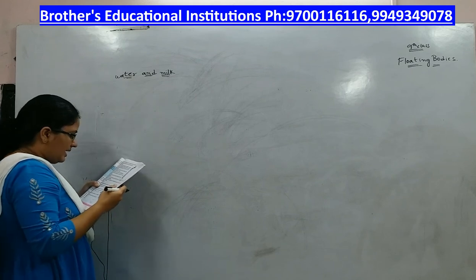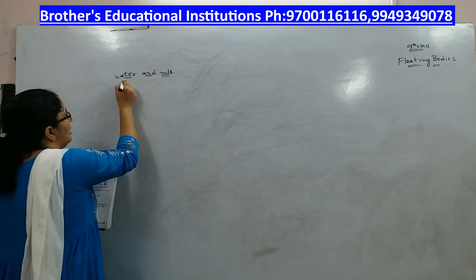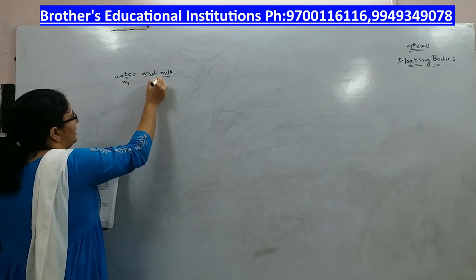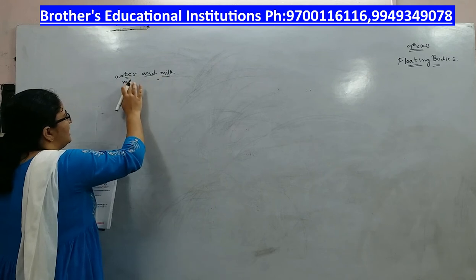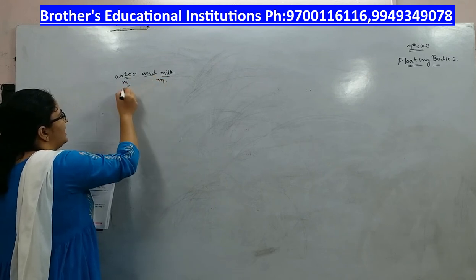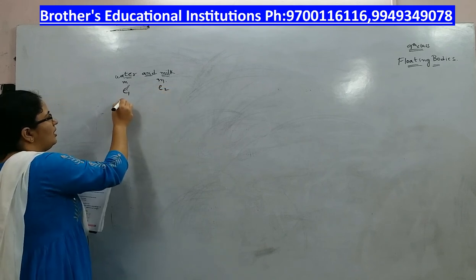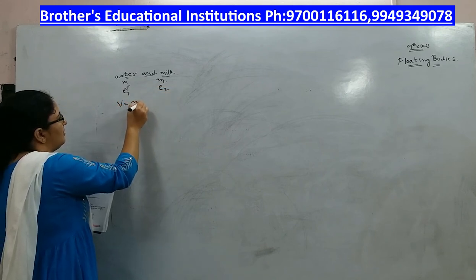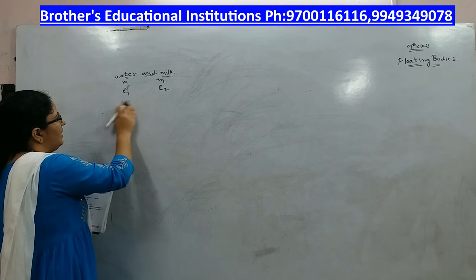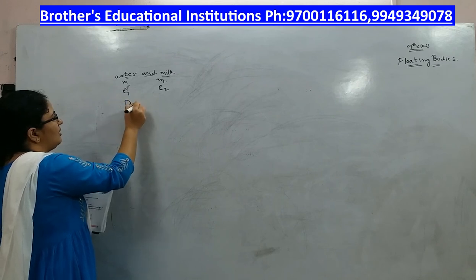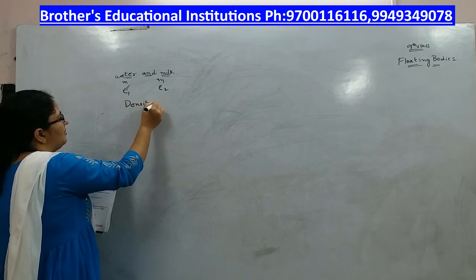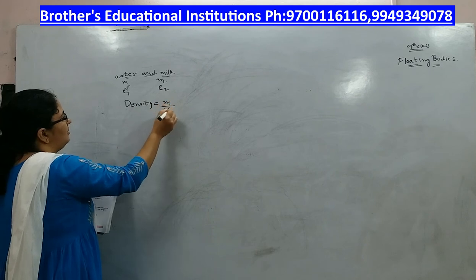First case, they are taken with same masses, call them M and M, let the densities be rho 1, rho 2. Density is equal to mass by volume.